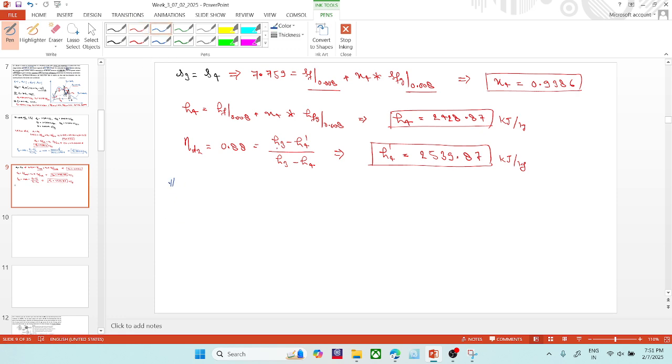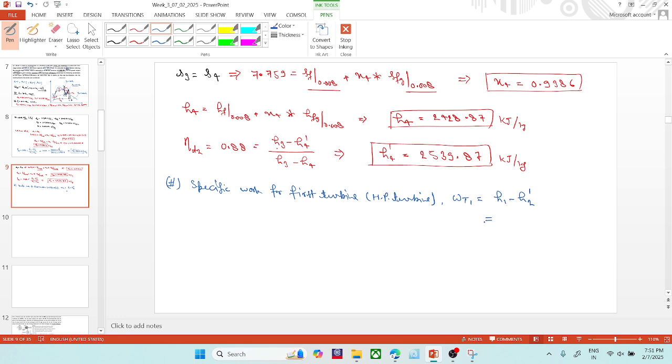So specific work for the first turbine, or we can say the high pressure turbine, would be WT1 is equal to H1 minus H2 dash.